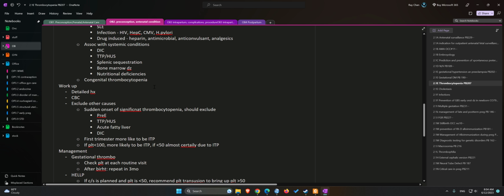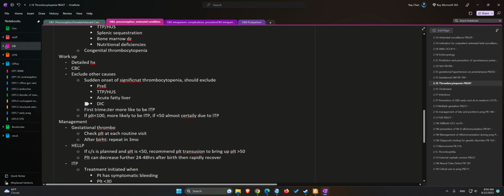If there's a sudden onset of significant thrombocytopenia, we should always exclude preeclampsia, TTP, HUS, acute fatty liver, and DIC. If it occurs in the first trimester, most likely to be ITP. If the platelet is less than 100, it's more likely to be ITP. However, if it's less than 50, it's almost certainly due to ITP, after excluding other causes, of course.